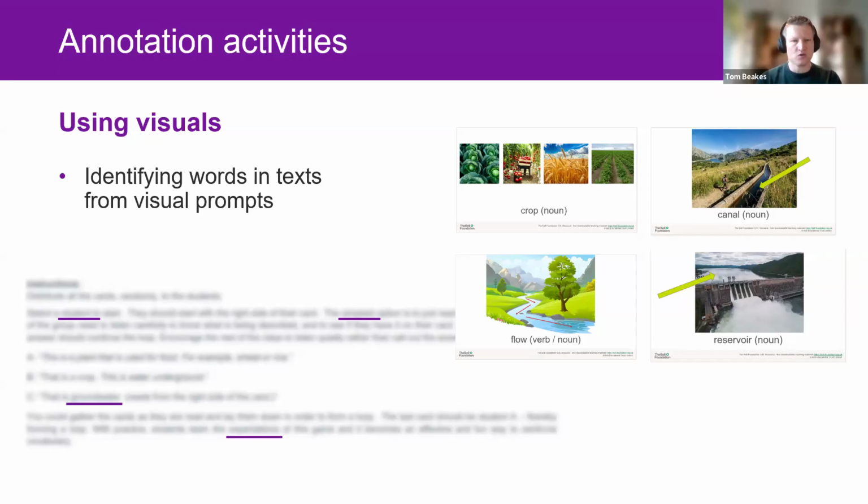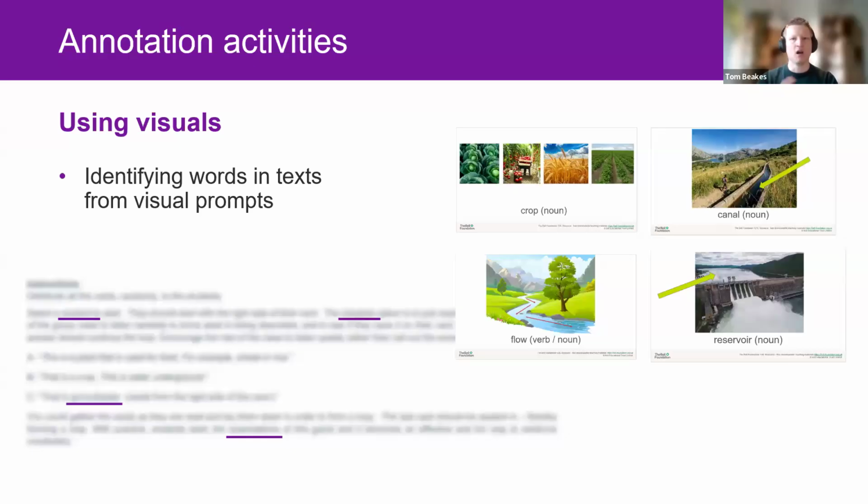And of course, we could also do this the other way around of allowing learners to annotate with pictures themselves. So again, with our younger learners, this is going to work best with very concrete and easily drawable, easily annotatable concepts.